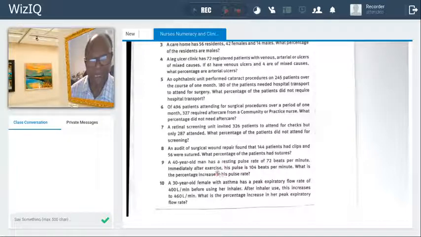Immediately after exercise, his pulse is 104 beats per minute. What is the percentage increase in his pulse rate?